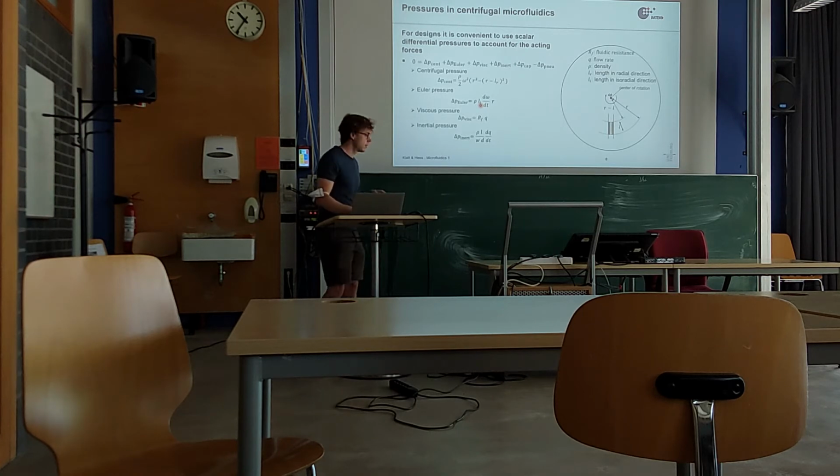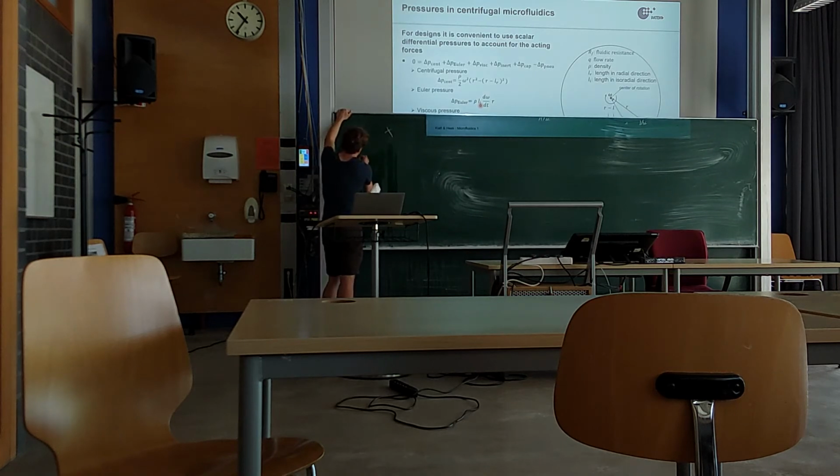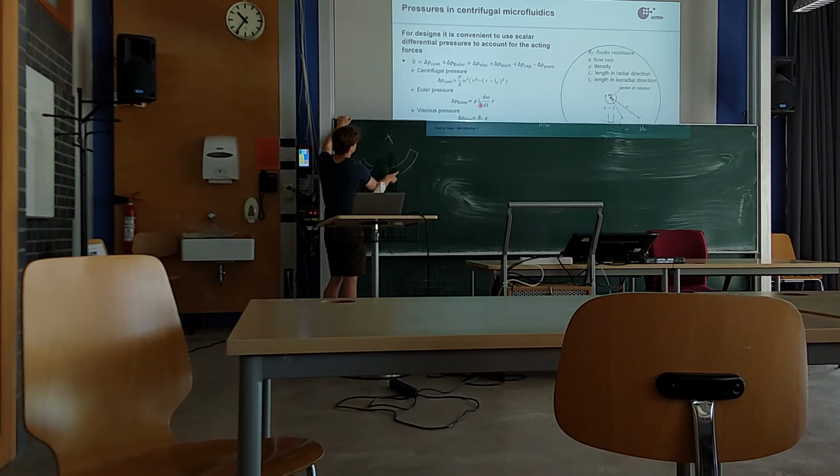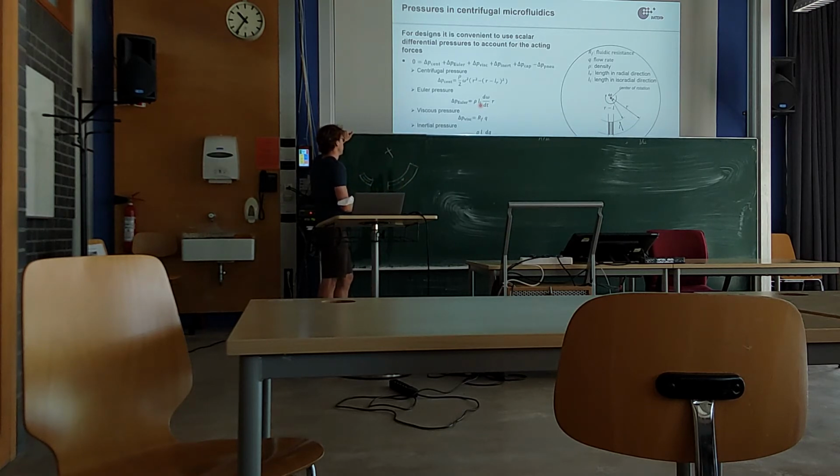If you think about it in a very simple way, if you have a liquid column like this, and a liquid column like this, in this case the Euler force would be larger than in this case, simply because you have a longer isoradial distance compared to this one.